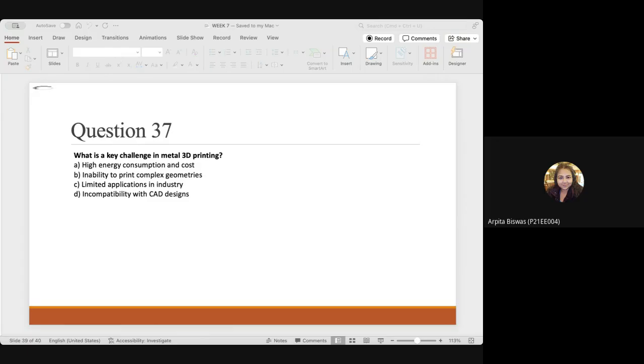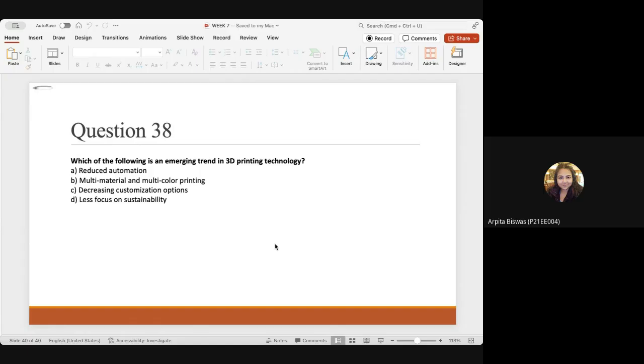Okay. So next move toward question number 38. Which of the following is an emerging trend in 3D printing technologies? First is reduced automation. Second is multi-material and multi-color printing. Third is decreasing customization options. Option D is less focus on sustainability. So this is the last question. Please try to solve this question.